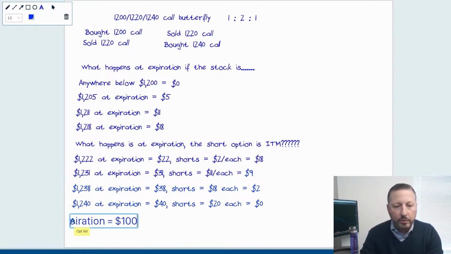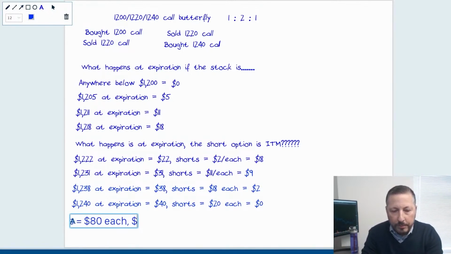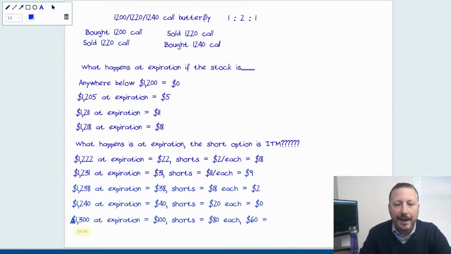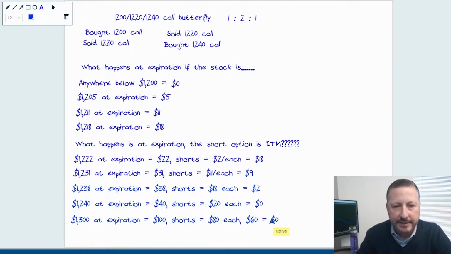Your long would be worth 100. The shorts, they'd be worth $80 each. But then we have that other long option, remember, at the end, the last wing. So that 1240 call would be worth $60. If I add that all up, that's plus 160 minus 160, still for a price of 0.